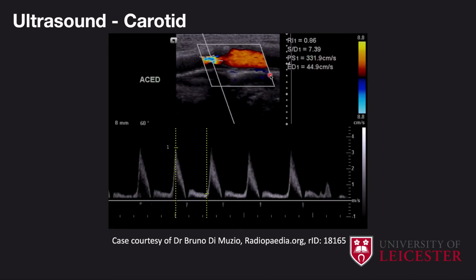Then we compare that to an area we saw earlier, and we can tell the velocity of the blood flow has increased with the color green and blue round here. That means there is a significant stenosis just before that.